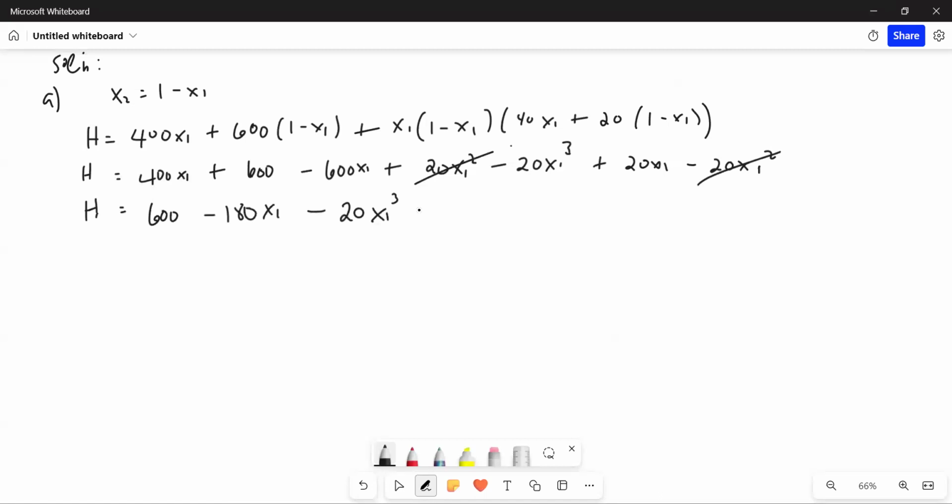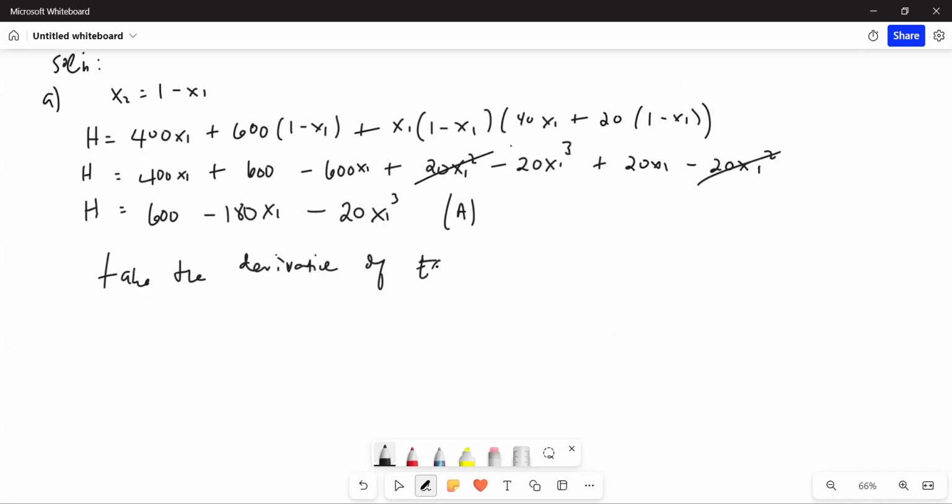This is an important equation because we are now able to express enthalpy in terms of x1. So let's name this equation A. Okay, so this is equation A. The rest of our derivation will involve equation A. First, let's take the derivative of equation A with respect to x1.